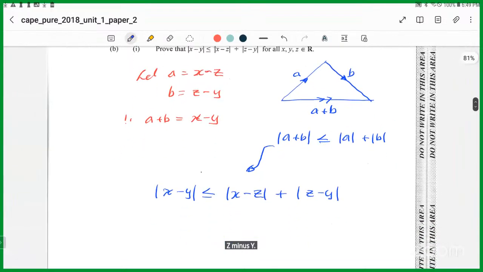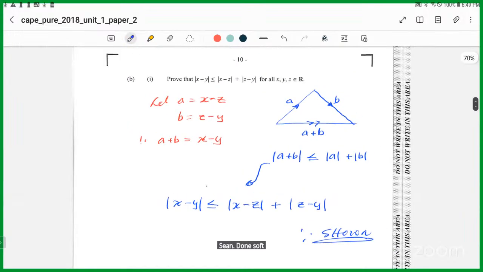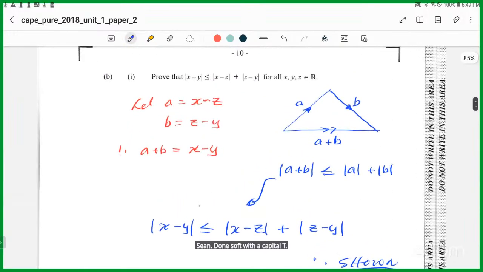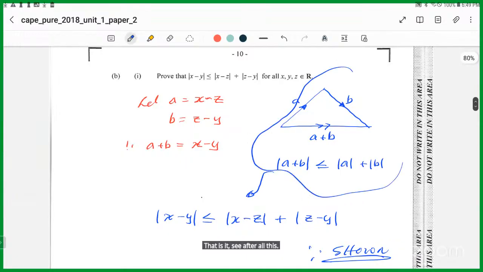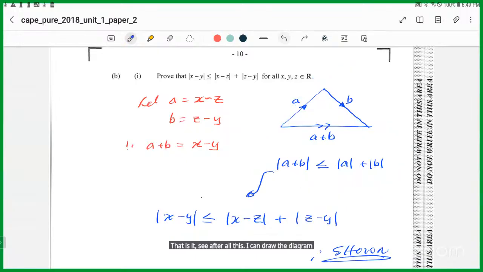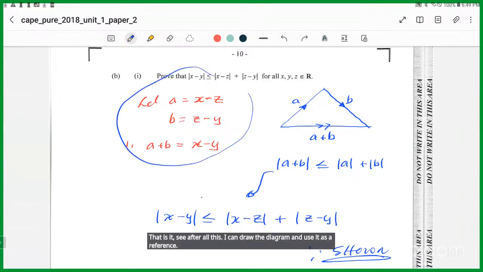Shown. Done. QED. That is it. So you have to know this. I can draw that diagram and use it as a reference to prove this up here.